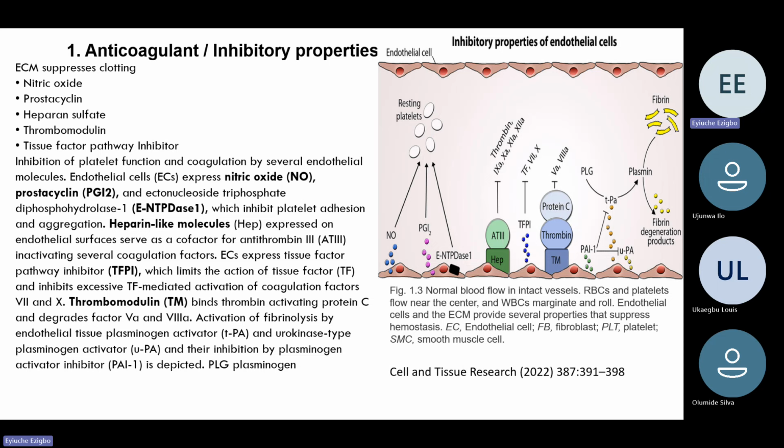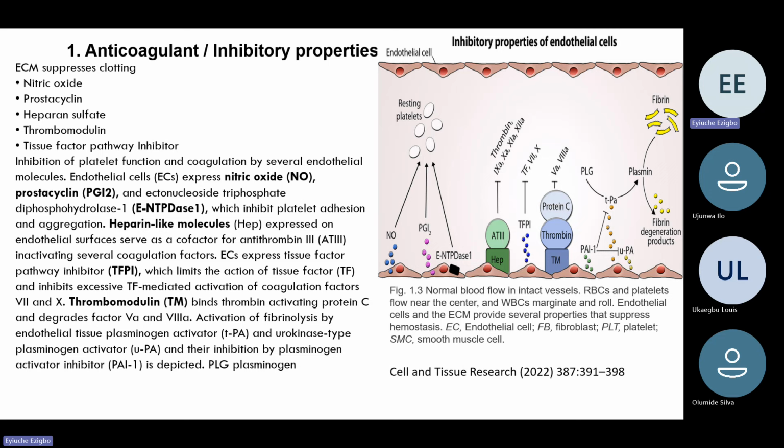All this nitric oxide and prostacyclin make sure that the platelets don't aggregate. Okay, antithrombin III and heparin inhibit coagulation, TFPI stops the extrinsic pathway of coagulation, and thrombomodulin with thrombin and protein C as cofactors inhibit activated factor V and factor VIII, which participate in coagulation.